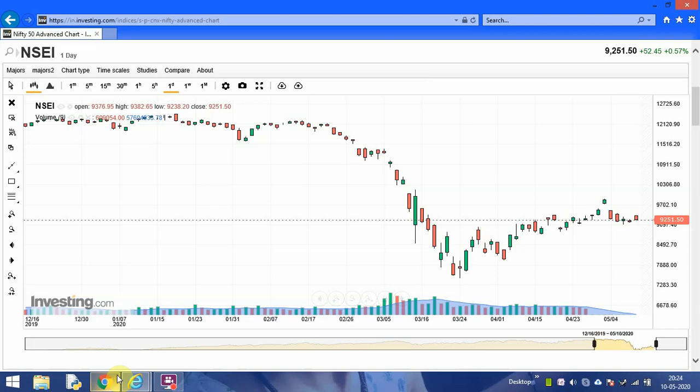You cannot trade only on behalf of these. You have to use the candle, what candle has been formed, then technical indicators, then patterns, then the option chain will make your accuracy or trade success rate more.